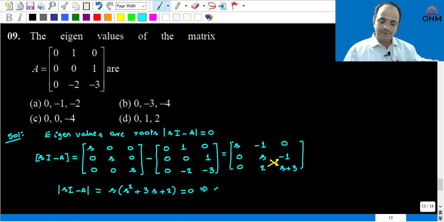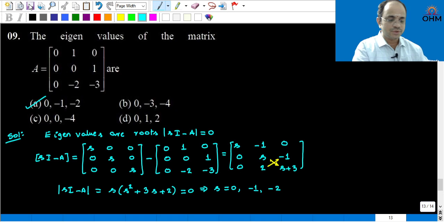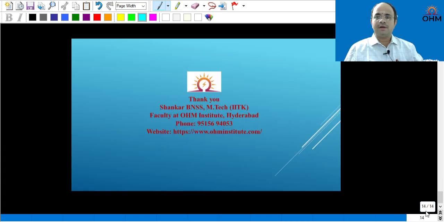Therefore, by simply factorizing, you will get s equal to 0, minus 1, minus 2. So, 0, minus 1 and minus 2. So, these are the questions from the ISRO 2023 electrical paper on control systems.